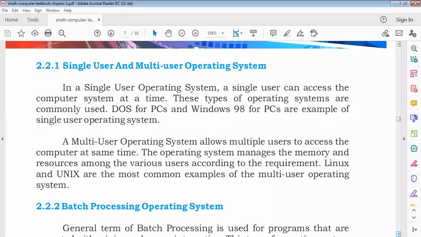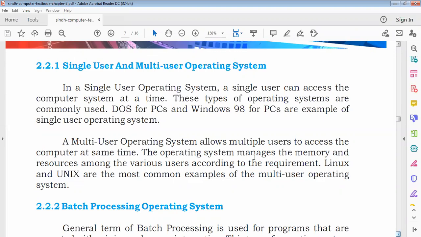In those cases we use a multi-user operating system, where all the persons are connected with one computer through a network, and that computer contains the data which is to be used by the others as well.